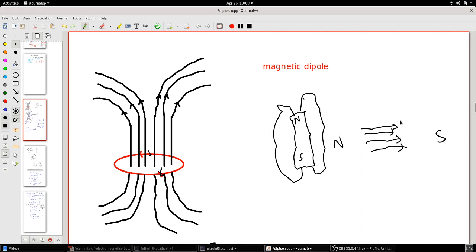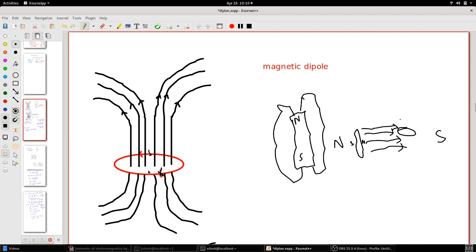When you place the loop parallel to the magnetic flux lines, the loop gets a torque and gets oriented in such a way that the loop is perpendicular to the flux lines. So this becomes your north pole and this becomes your south pole, right? So that's the exact thing.